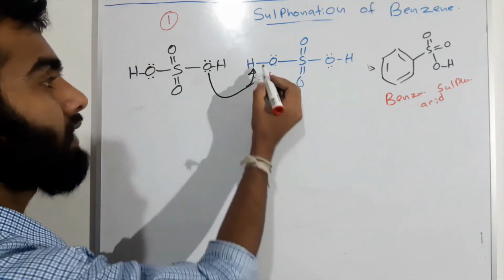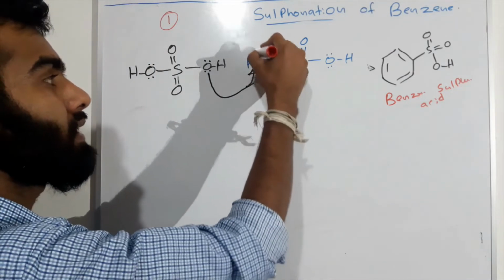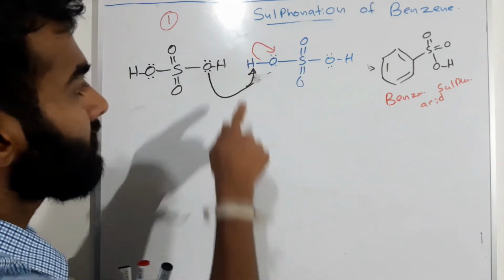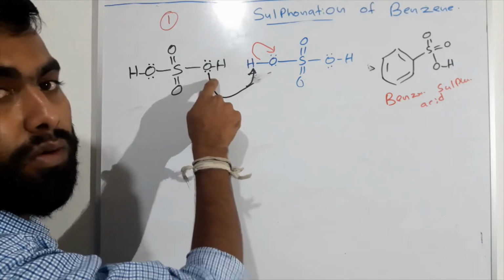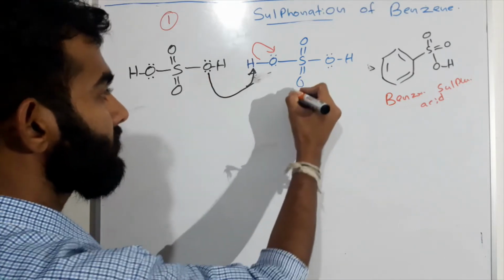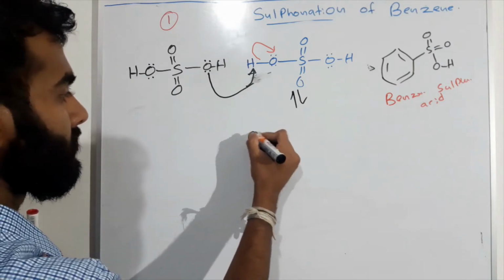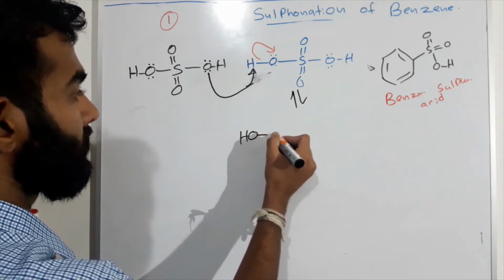So this hydrogen-oxygen bond will cleave towards oxygen, and this hydrogen will bond to this OH group. What will be the product? In black, I'll draw the sulfuric acid molecule like this.